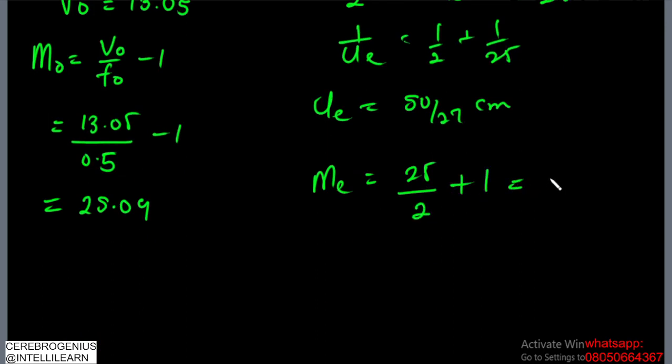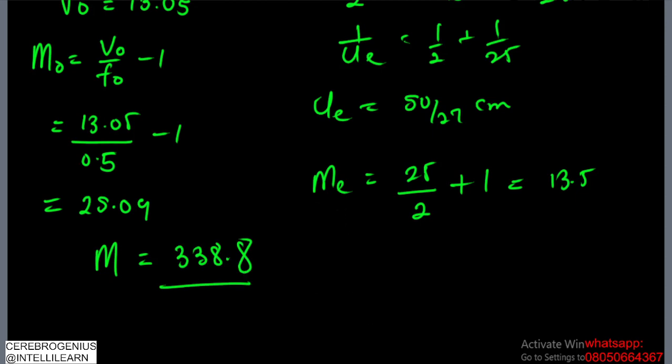So 25 over 2 is 12.5, so this is going to be 13.5. So we have 338.8. So the total magnification is 338.8. That's going to be our final answer.